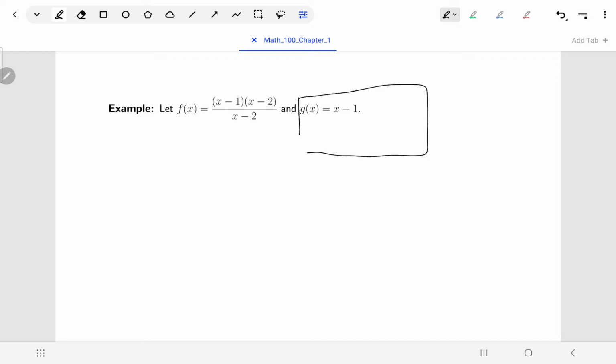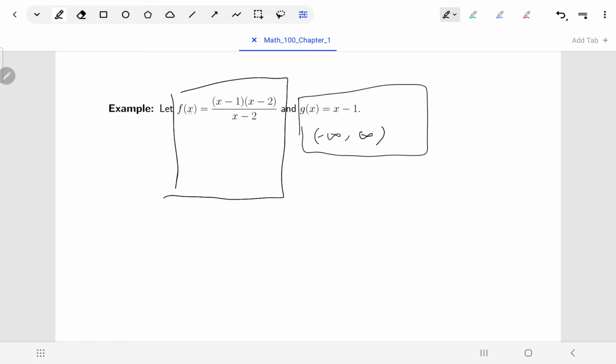If I look at g of x and think about its domain, it should be all real numbers. It's a nice polynomial, so limits we can find by doing direct substitution, and everything's wonderful, as opposed to f of x, where it's a rational function and it's got a domain with one little excluded value in it, and that's the value of 2.